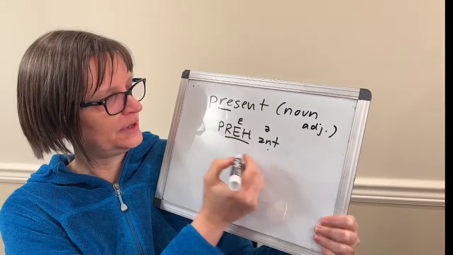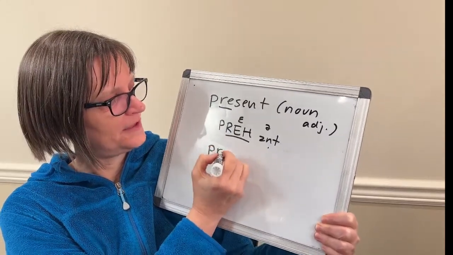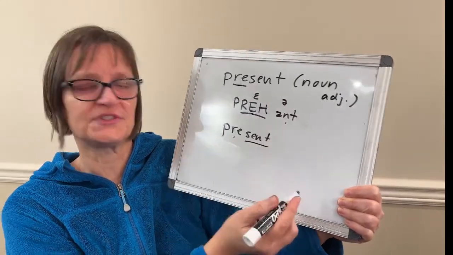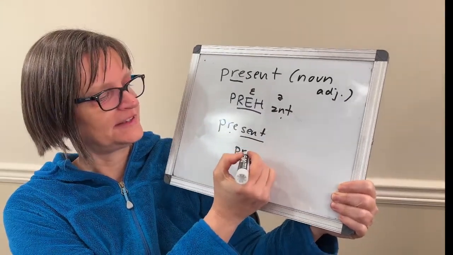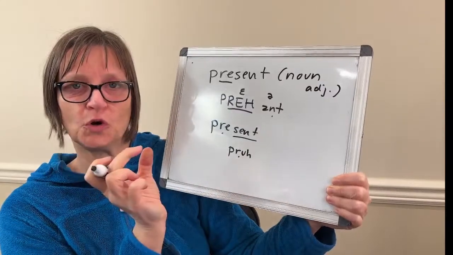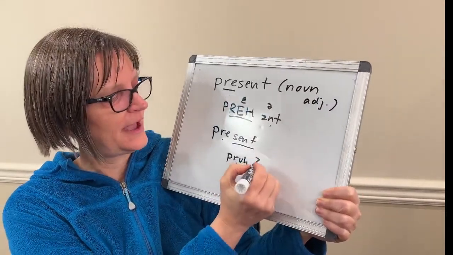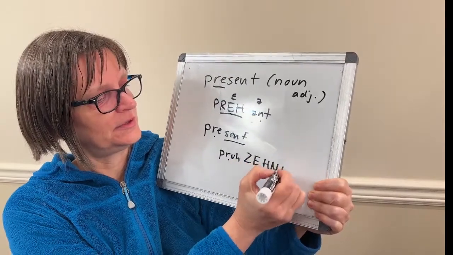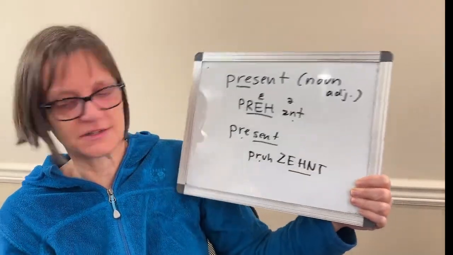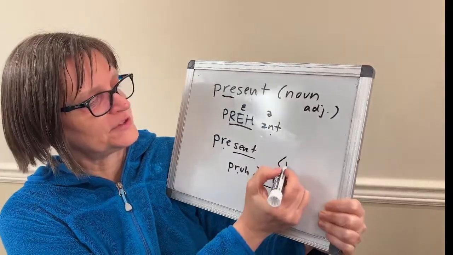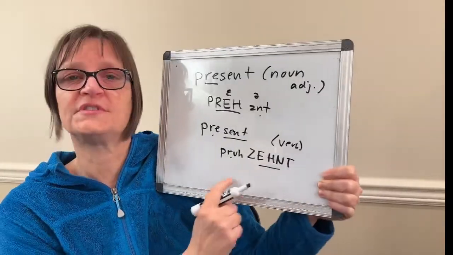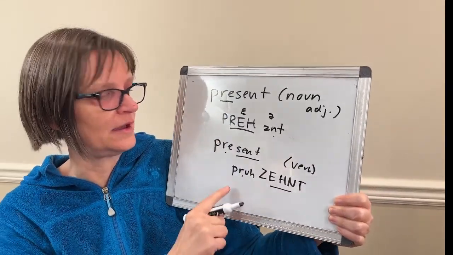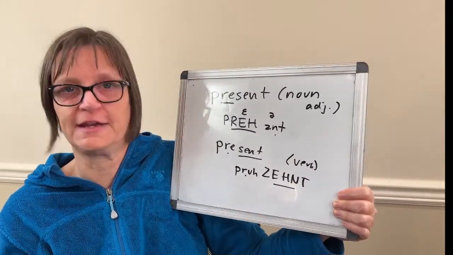When it's a verb, the stress changes to second syllable, present, and then we're going to have an I sound or an uh sound, really short reduced vowel in that first syllable, and then our clear vowel is going to happen in the second syllable, present. So that's for the verb. So I'll present you with the present. The present tense is when we present the findings.